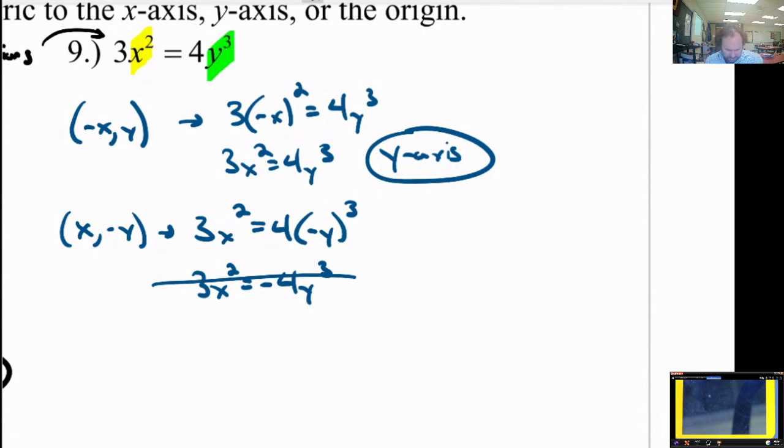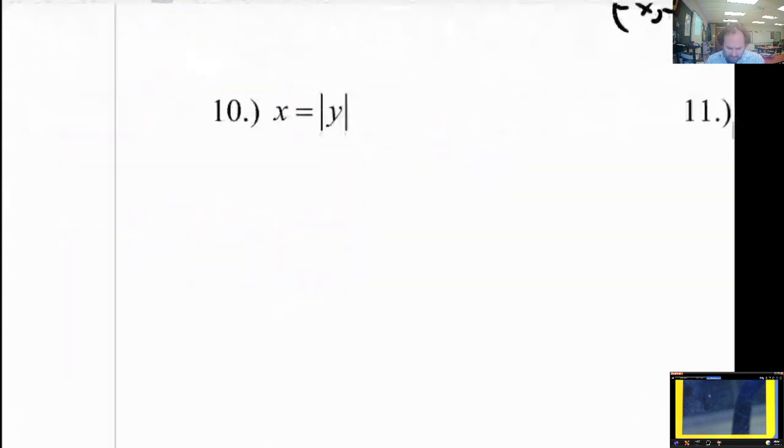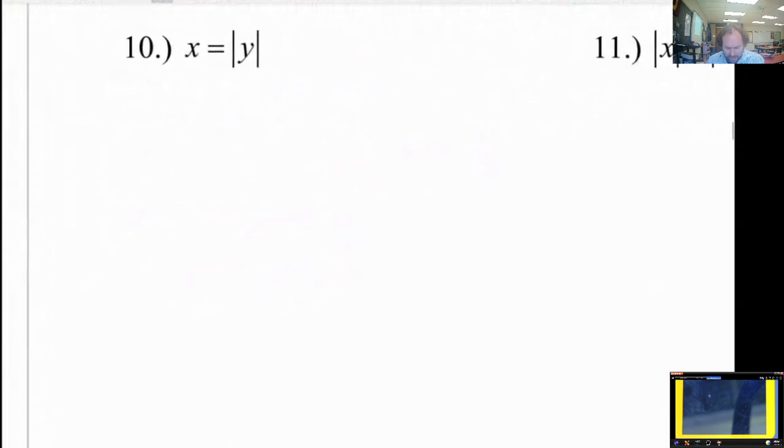Let's talk about number 10. We'll go down to the bottom here. We get some other interesting things to look at. x equals the absolute value of y. Again, you can start to see what's going to happen here. Let's start with negative x, y for y-axis symmetry. This would give us negative x equals the absolute value of y, which is not the same equation, and therefore it doesn't work.